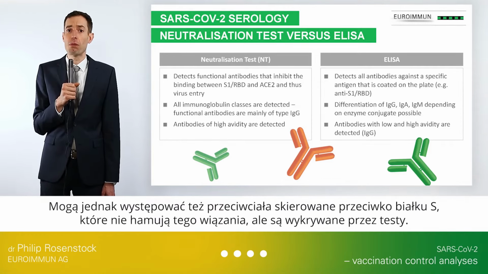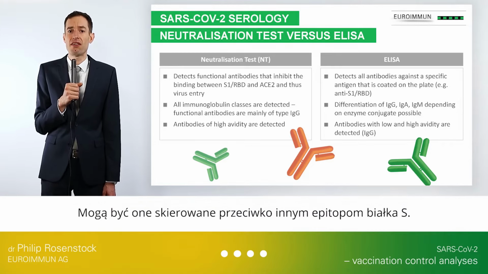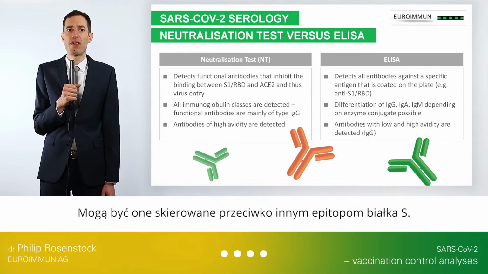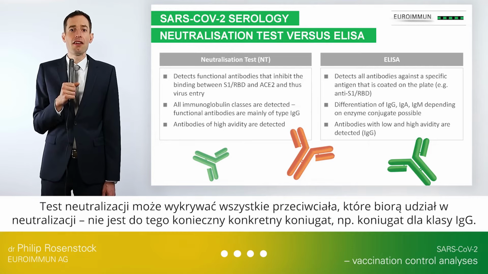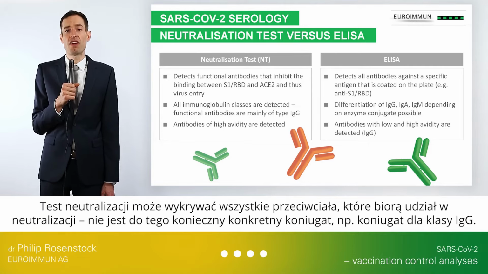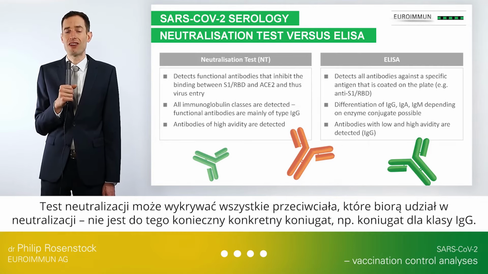However, there might also be antibodies against the spike protein that are not mediating the protection, but that are detected in a normal immunoassay. Maybe these antibodies are directed against a different epitope of the spike protein. And in a neutralization assay, all kinds of antibodies that mediate neutralization are detected.